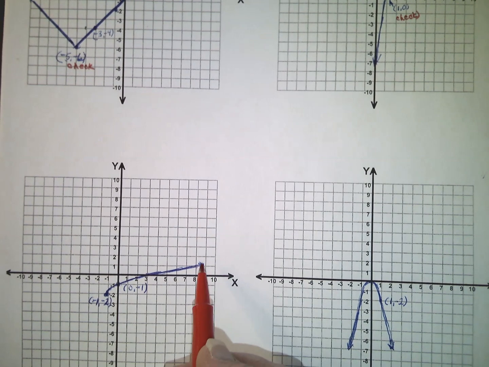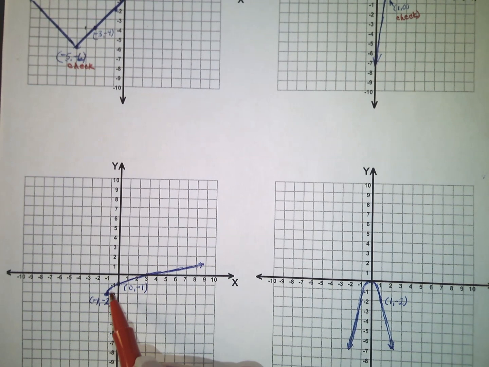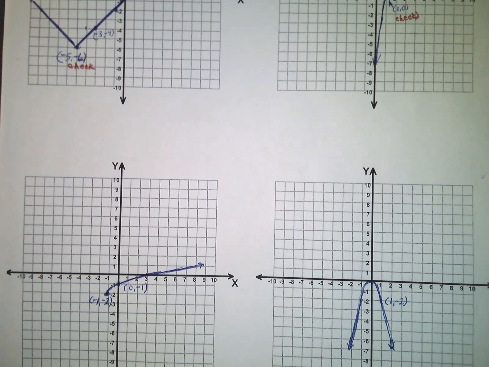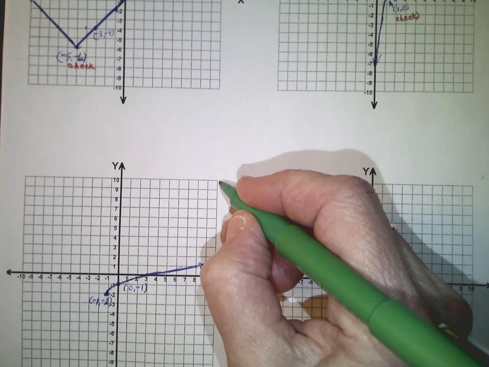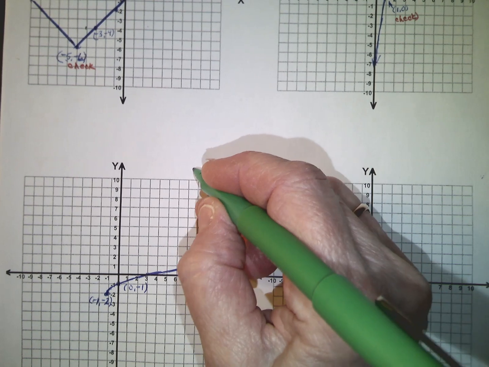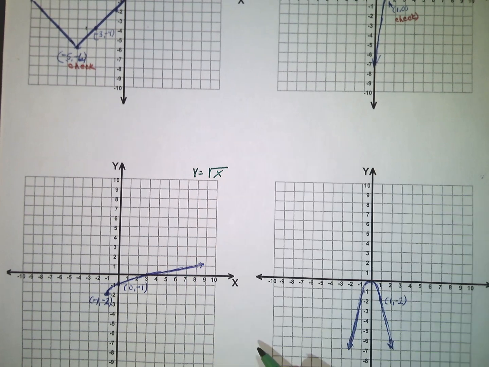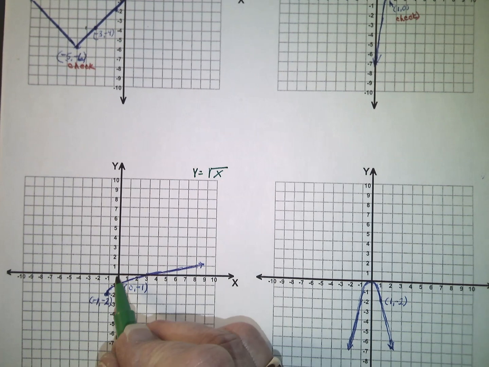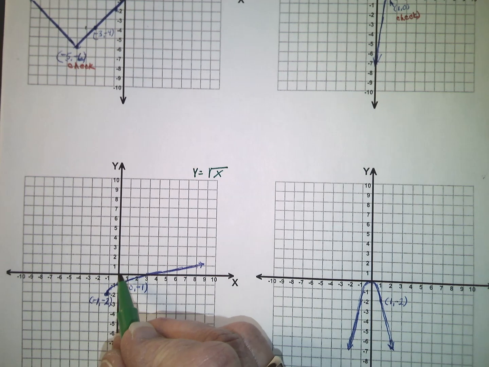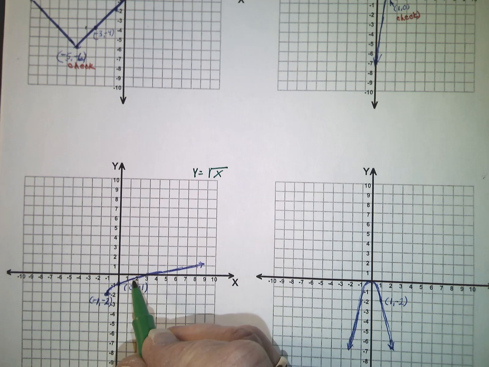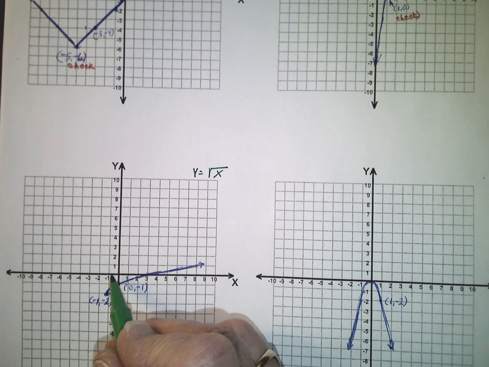This one might look a little unfamiliar because it's not in its original position, but most of you do recognize that the parent graph would have been y equals the square root of x. Except that also usually starts at the origin. And this one starts left 1 and down 2.